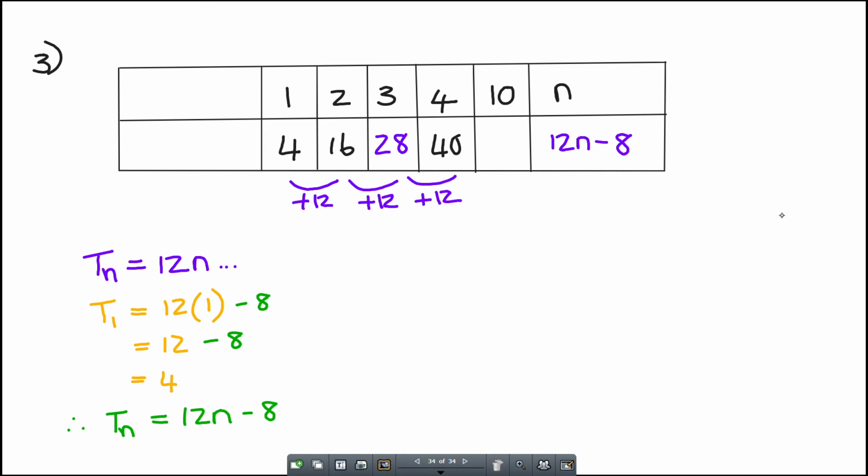Okay, and we've got to use that to go calculate term 10. So term 10 would be 12 times 10, which gives me 120 minus 8. So 112. All right. Any questions, people? None. Okay, it's fine.